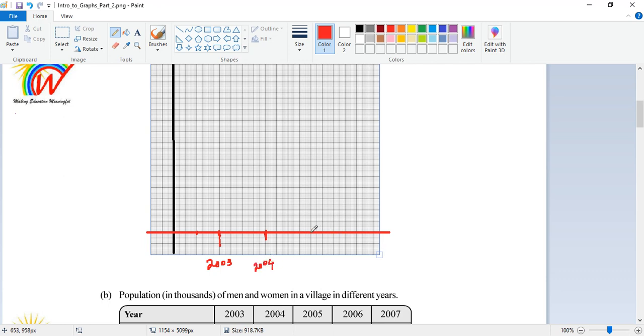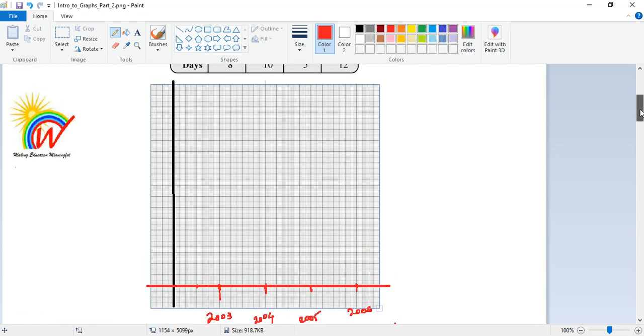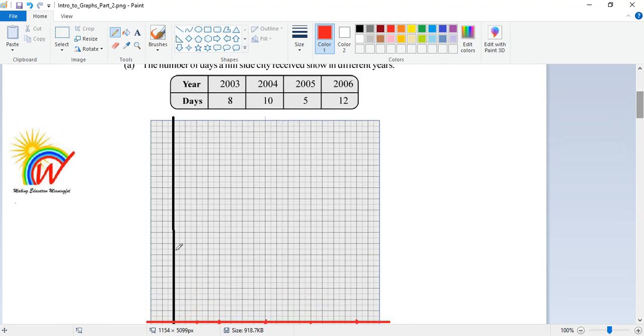This is 2005, and this is 2006. Now I have to mark the y-axis. In the x-axis I have to mention that it is year. And on the y-axis I have to write days.